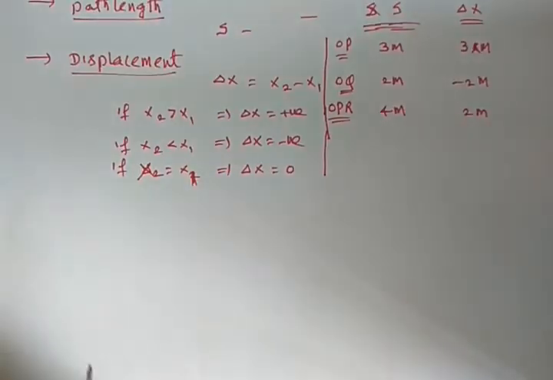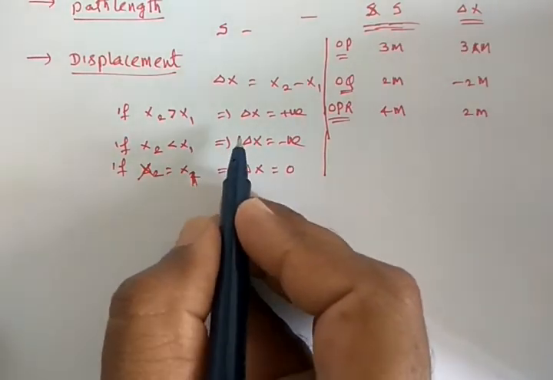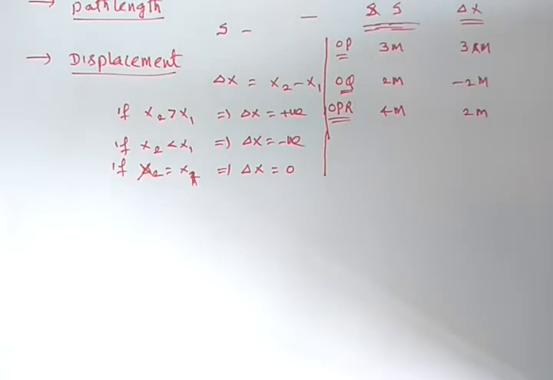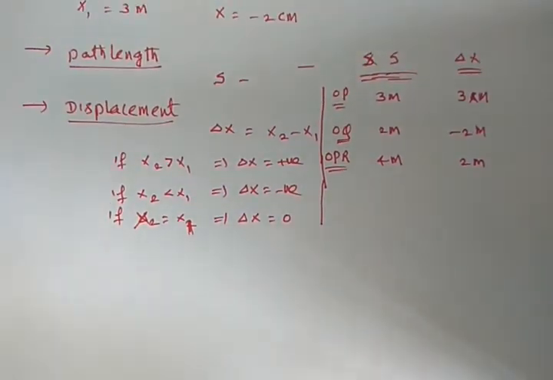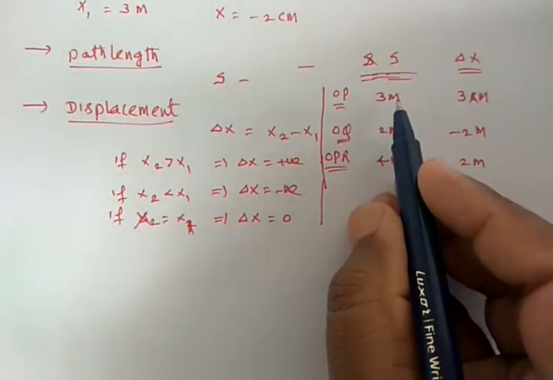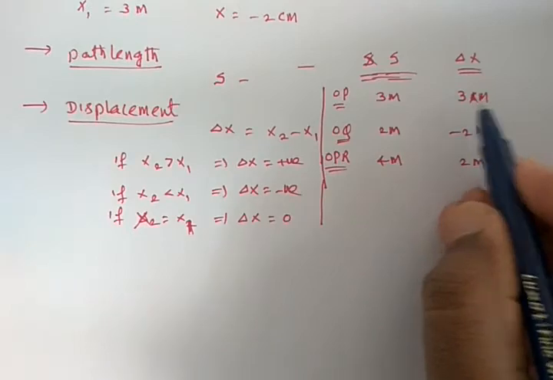So let us look at one more parameter. Now we said that displacement is delta x, and in this example we have also discussed if body is going from O to P, I said the distance is 3, that is path length, and displacement is 3.